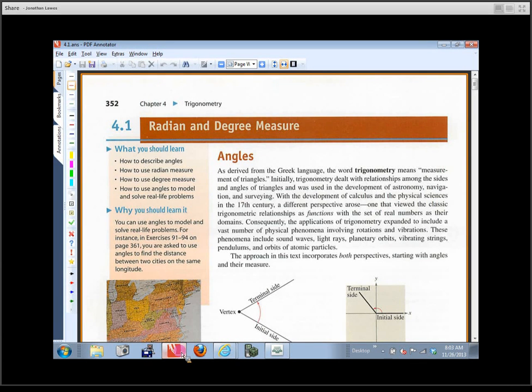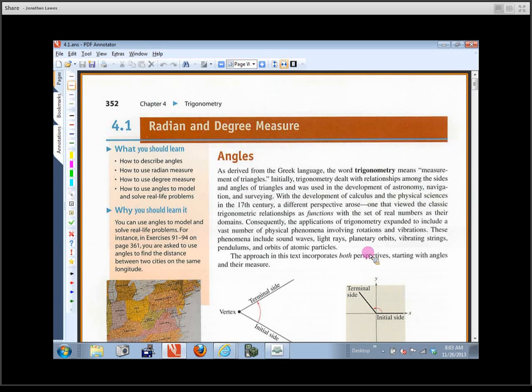And then once calculus was developed, it was found that there were a lot more uses for trigonometry than just dealing with triangles. In fact, they've got a whole list of things here like sound waves, light rays, planetary orbits, vibrating strings, pendulums. A whole bunch of stuff can be figured out using trigonometry.